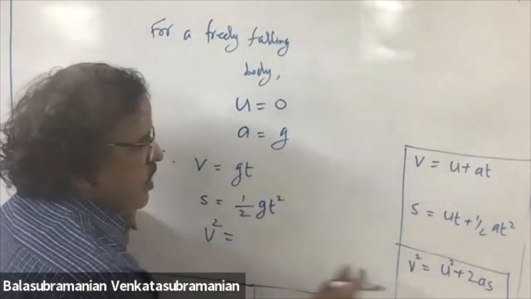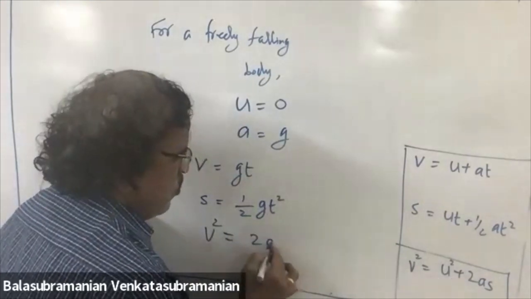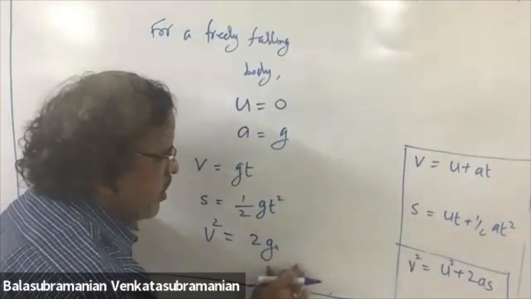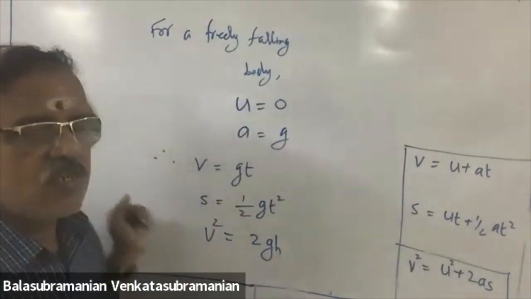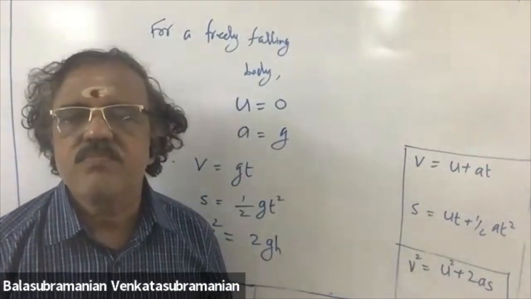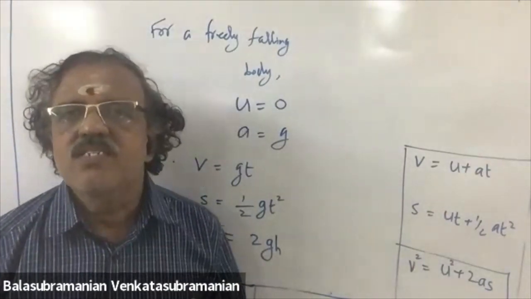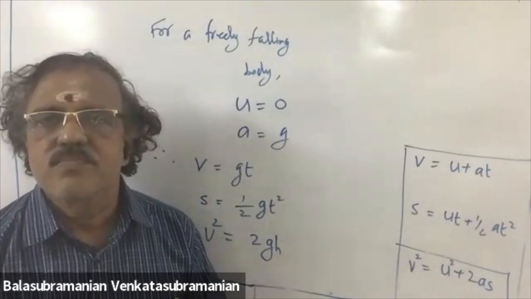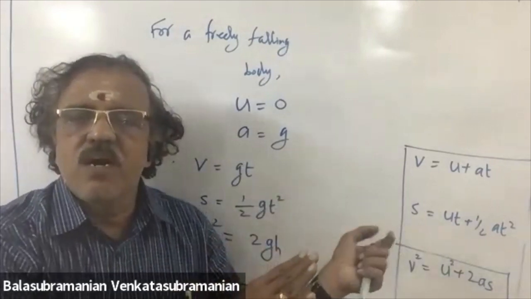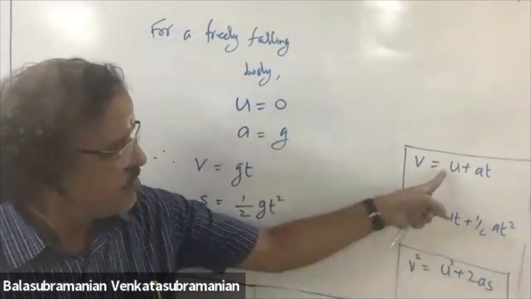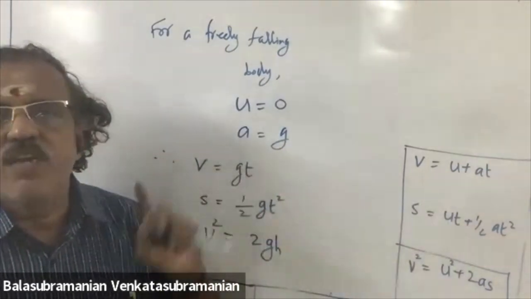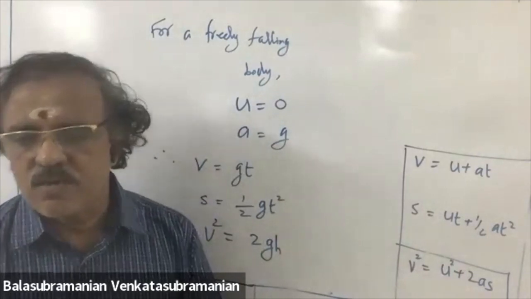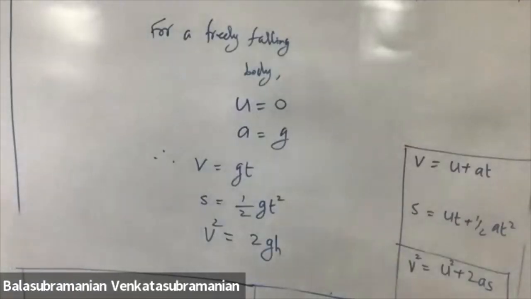V square is equal to 2gs, and for a height h you can put 2gh. These are the equations for a freely falling body, the equations of motion or equations of kinematics. Based on this, we can do problems. Next, projectile motion.